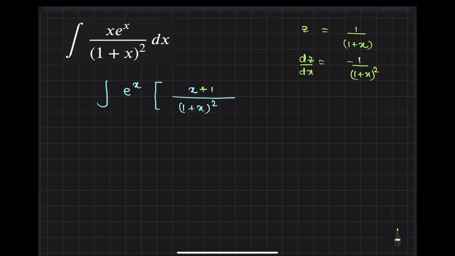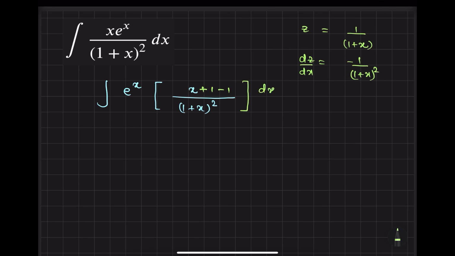Correct? If I use x plus 1 and the denominator has 1 plus x whole square, then x plus 1 will be neutralized. But you know that if I add 1 to the numerator, it is not the same equation which was given in the question. So we have to balance this situation. For that we will subtract 1.